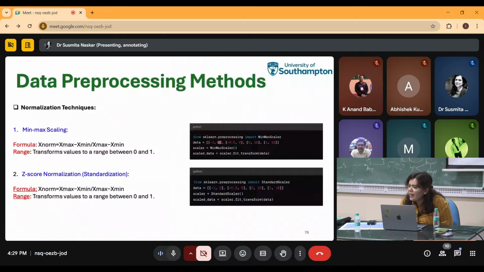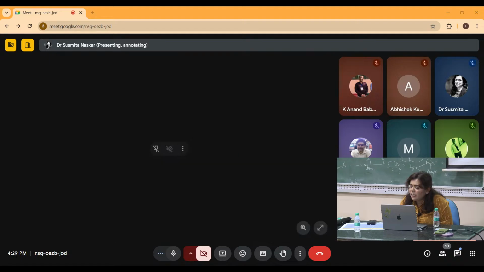Unlike the first method, min max scaling, standardization does not bound values to a fixed interval, but instead expresses them in terms of standard deviations from the mean. That's the difference. This is useful for algorithms that assume a Gaussian distribution, like a normal distribution, and are sensitive to differences in feature variances.